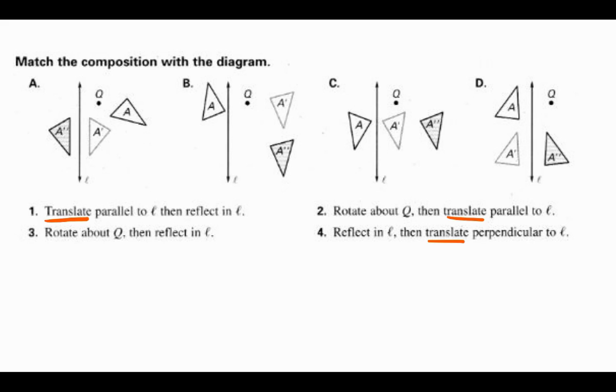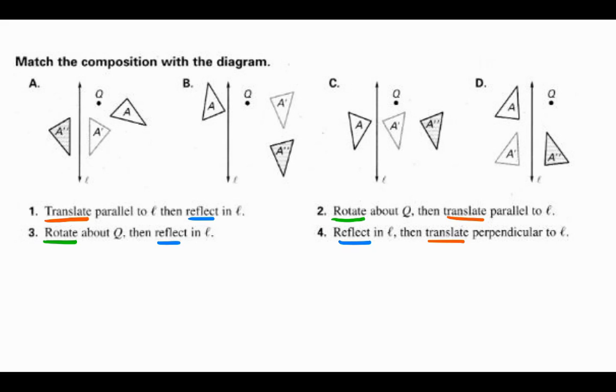We have rotations, where we turn our object. And we have reflections, where we flip the object over a line. So this is a matter of seeing which picture does what. Make sure we follow our objects in order.